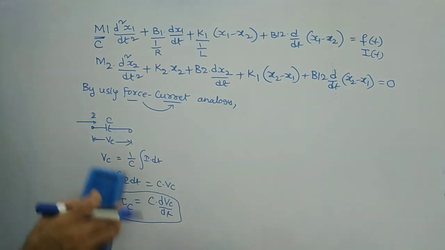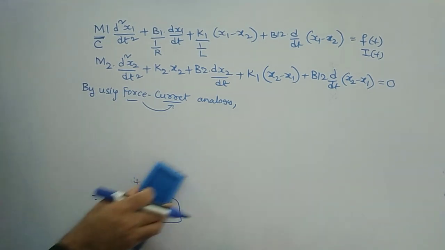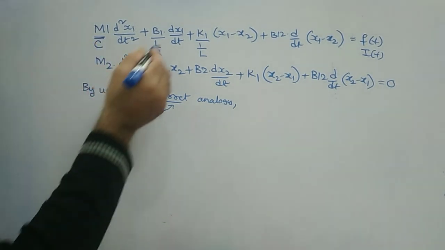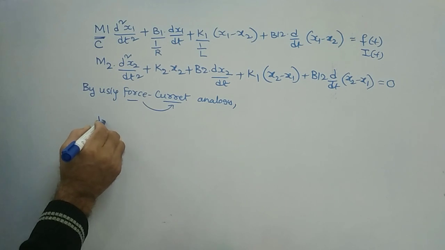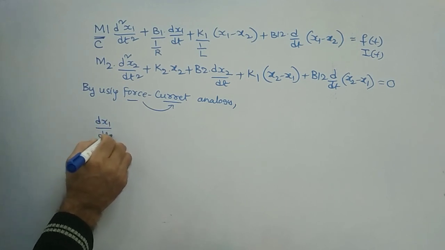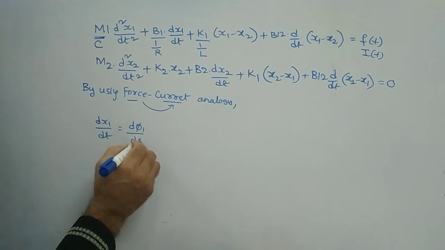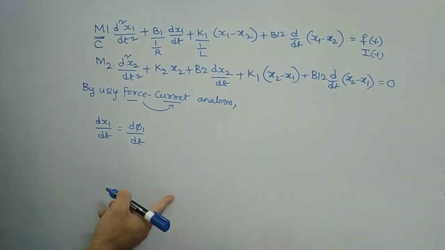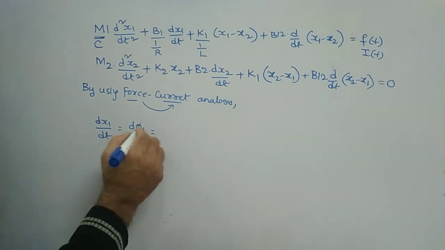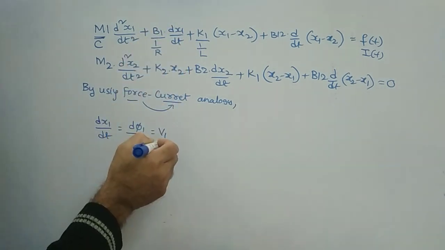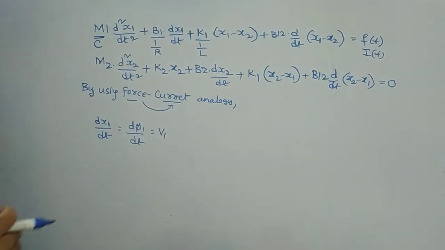So this is for capacitance. If you take the second element B1, it is dx1 by dt. dx1 by dt is d phi 1 by dt. I already explained why x equal to phi, then dx by dt is equal to d phi by dt, which is nothing but voltage V1. Means dx by dt 1 is nothing but V1. Similarly, K1 is equal to what?